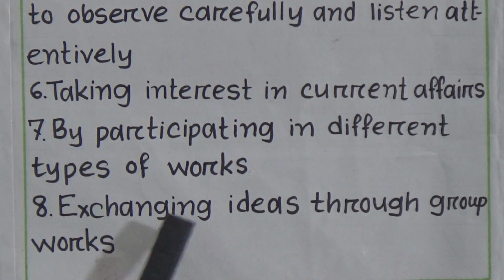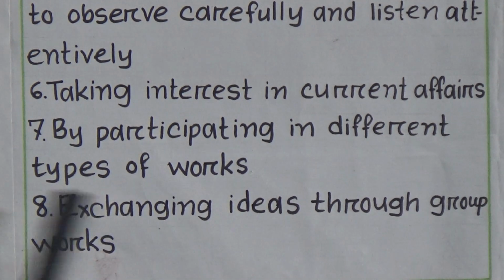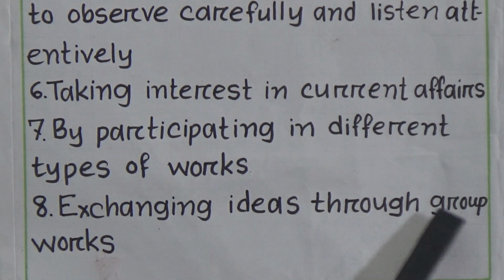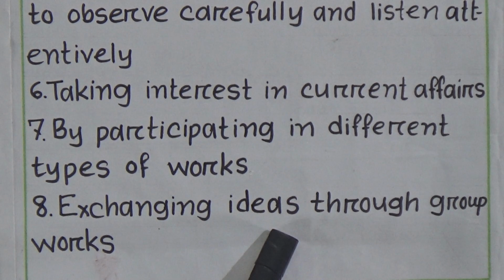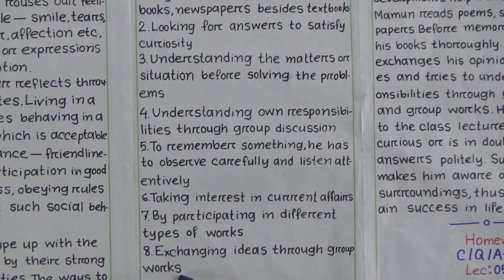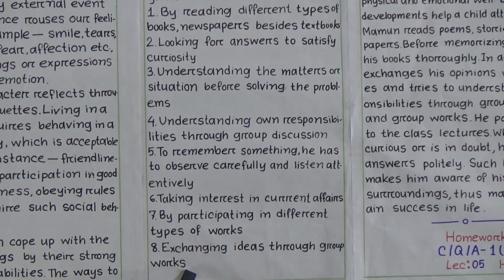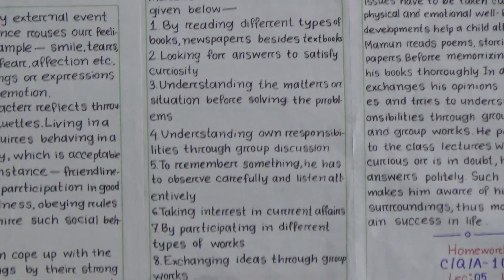Number 8, exchanging ideas through group works. When we do any work in a group, we can exchange and share our ideas and develop them. By following these ways, Mamun can develop his intellect.